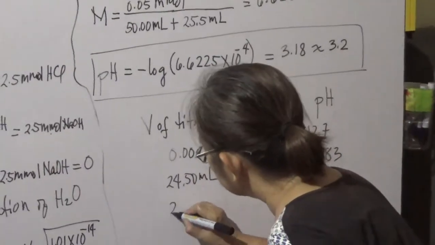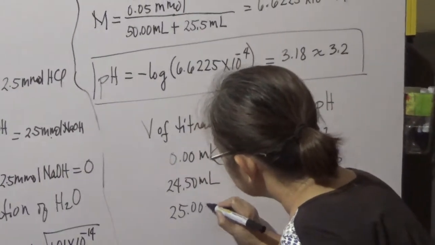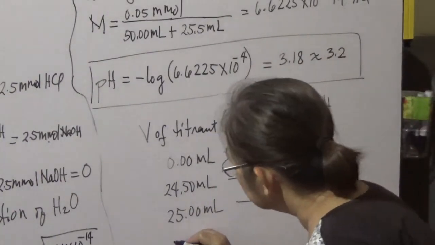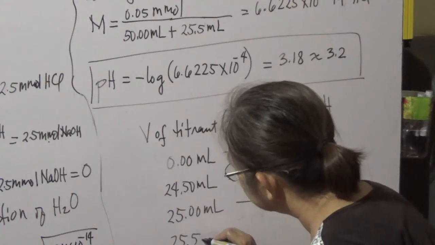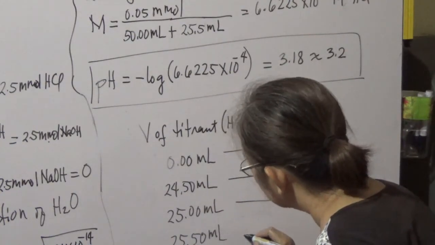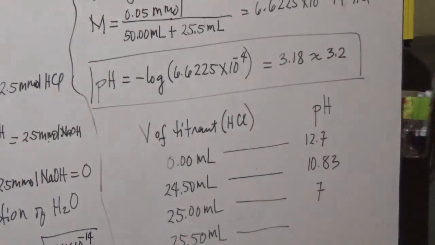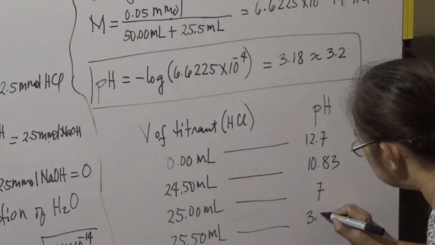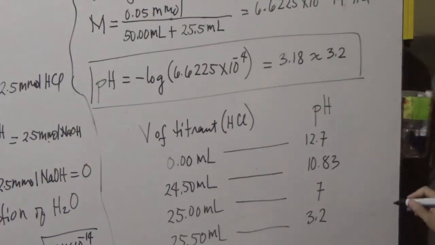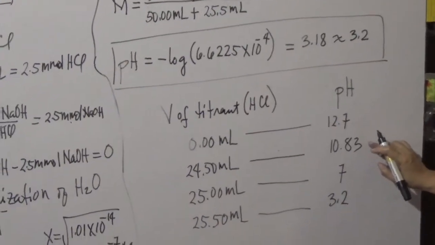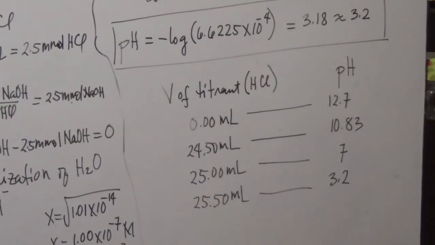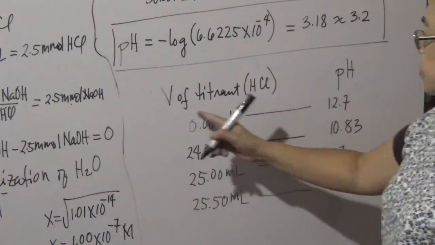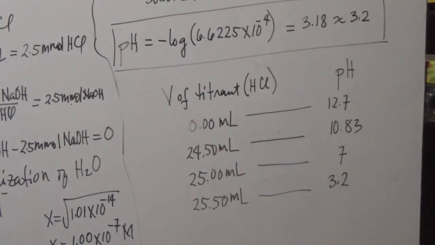If we added 25 ml, the pH is 7. If we added 25.5 ml of hydrochloric acid, the pH is 3.2. We will just round it off to 1 decimal place, so this one is 10.8. So we can make now the graph of the pH versus the volume of the titrant.